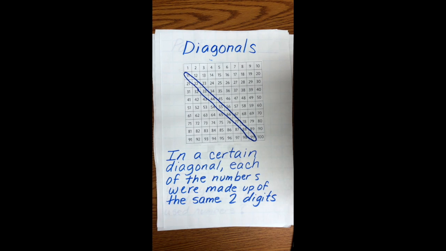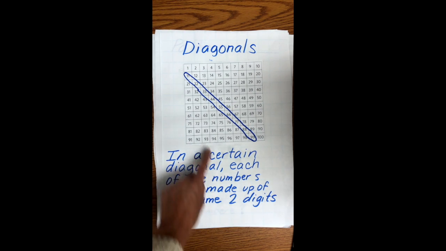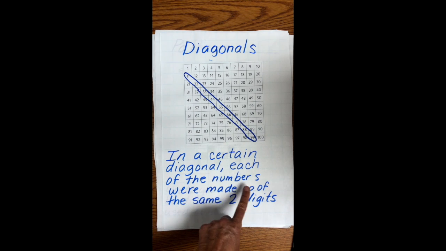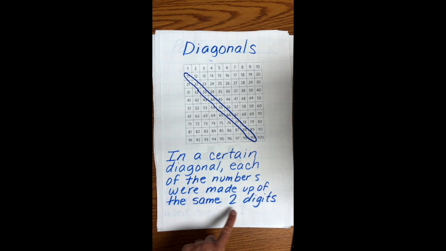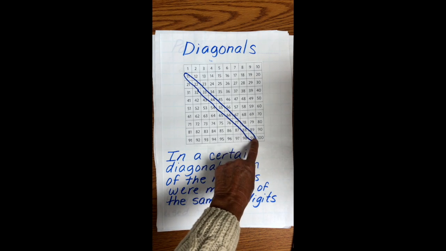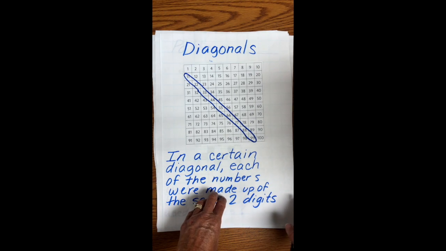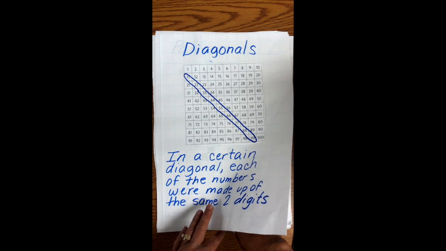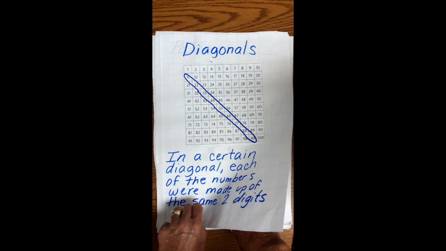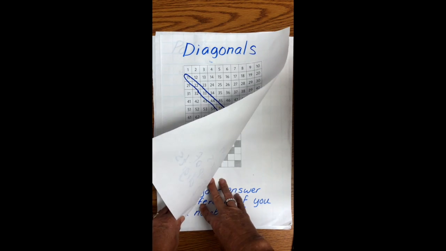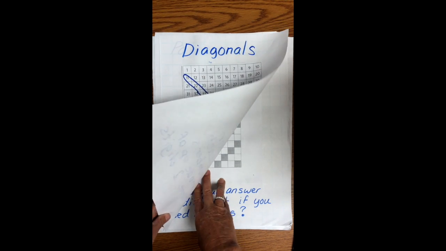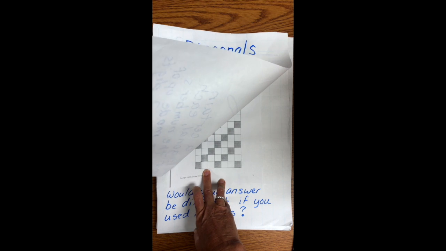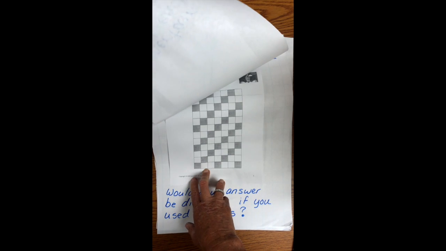So they said, in a certain diagonal, each of the numbers were made up of the same 2 digits, 9, 9, 8, 8, and so forth. So that was nice too. Now, those were just examples of some of the patterns people saw, and there's no one that's better or less than the other. They're all great observations.